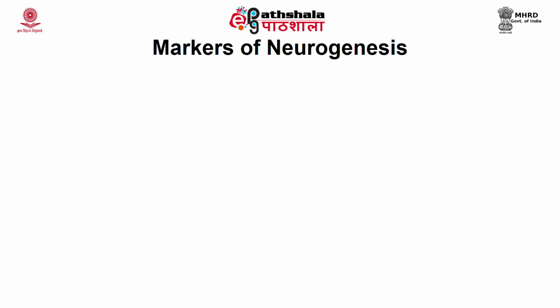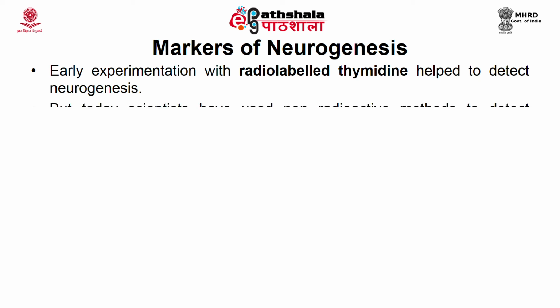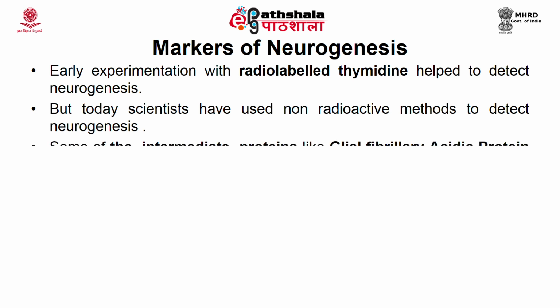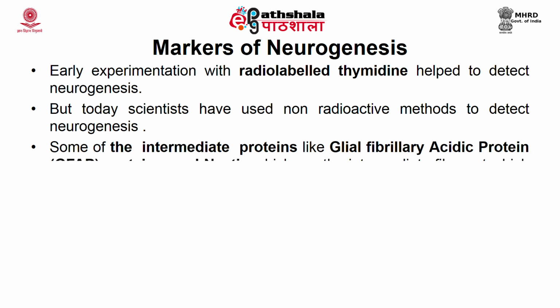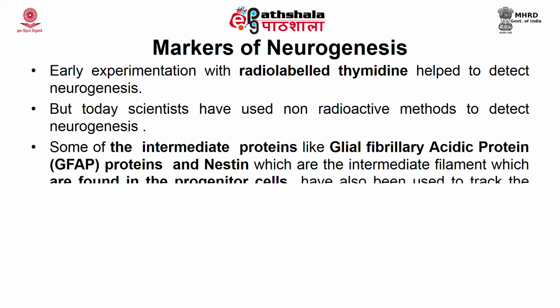So, the neurogenesis has been marked by several markers. Some of the markers which have helped to identify the neurogenesis are the radiolabeled thymidine, which was used in the early experimentation, but today scientists have used non-radioactive methods to detect neurogenesis. Some of these are proteins present in the intermediate filaments like GFAP, that is glial fibrillary acidic protein, or nestin.